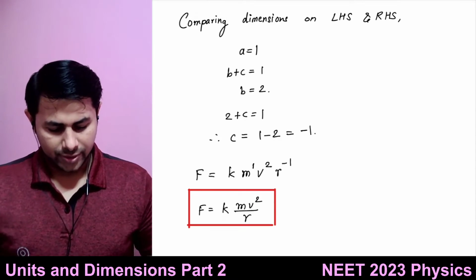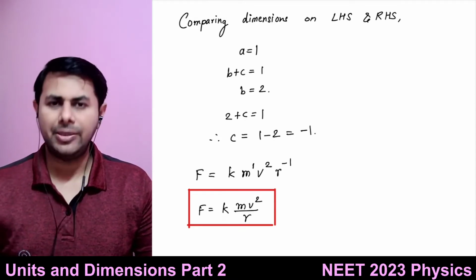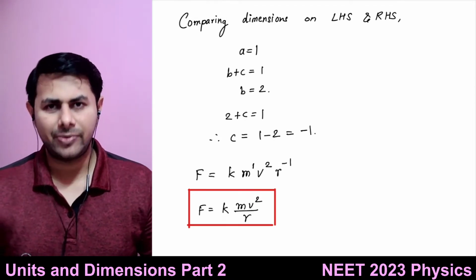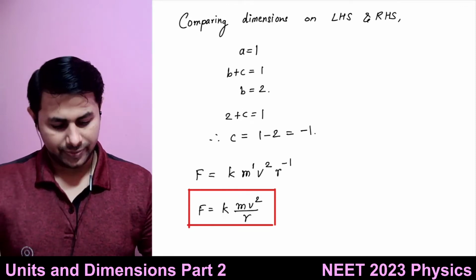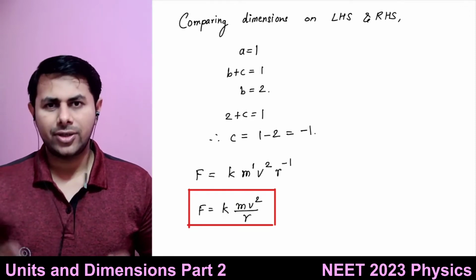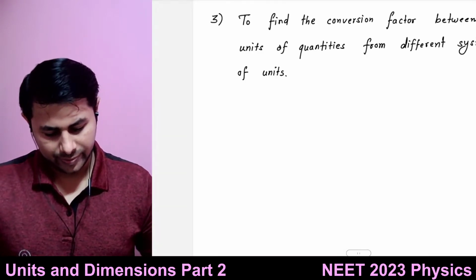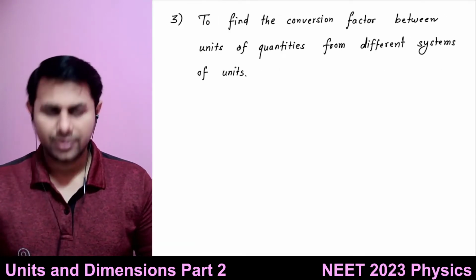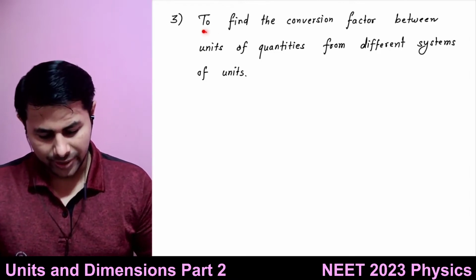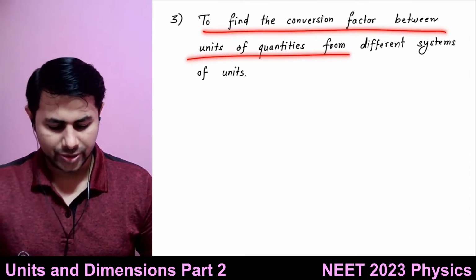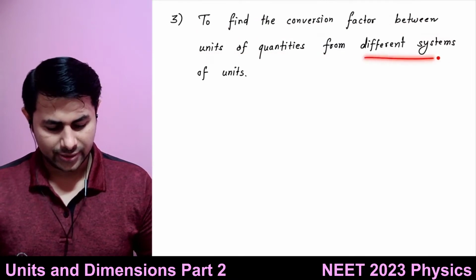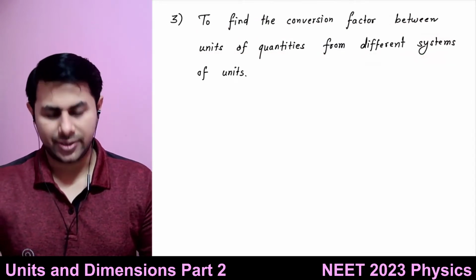Okay. So this is how we use dimensions to relate different physical quantities. Okay. And there will be lots of problems based upon this. We'll solve some problems. Okay. And then there is another use to find the conversion factor between units of various quantities in different systems of units.